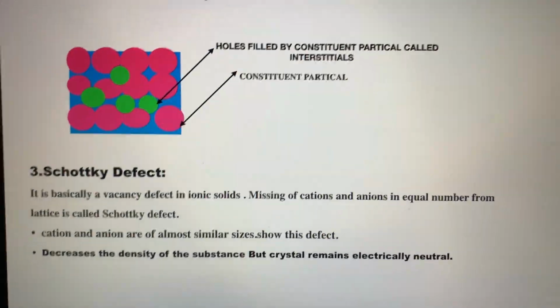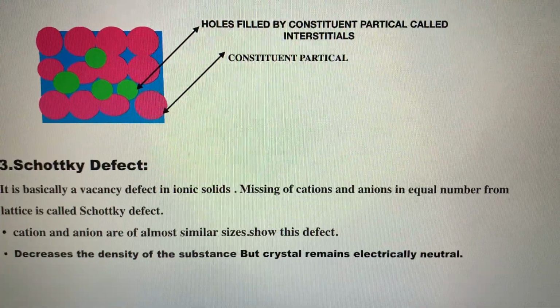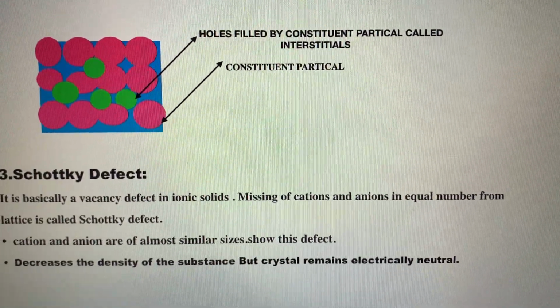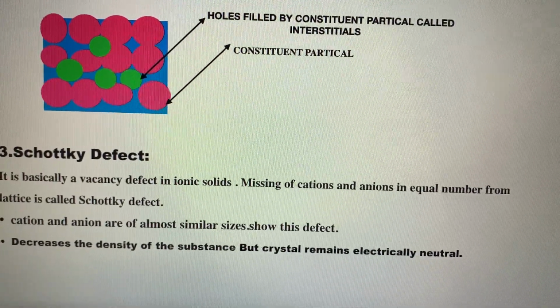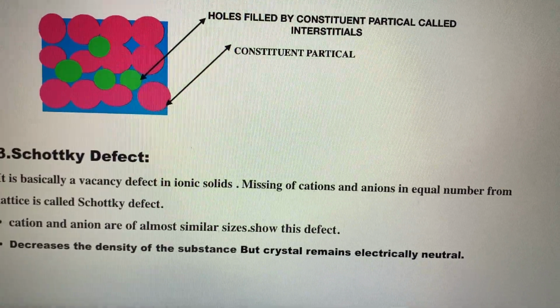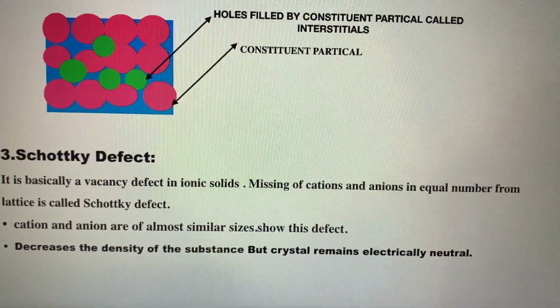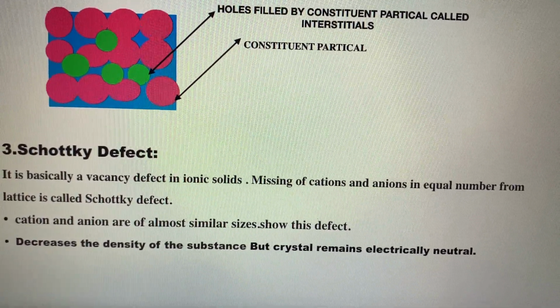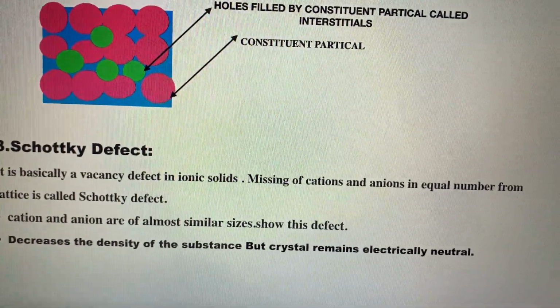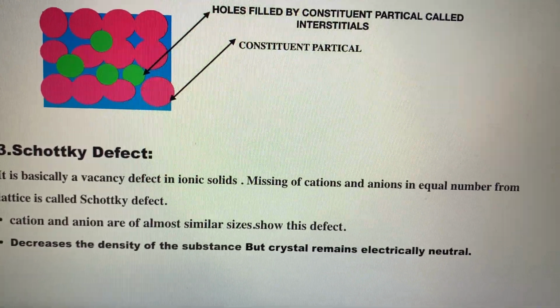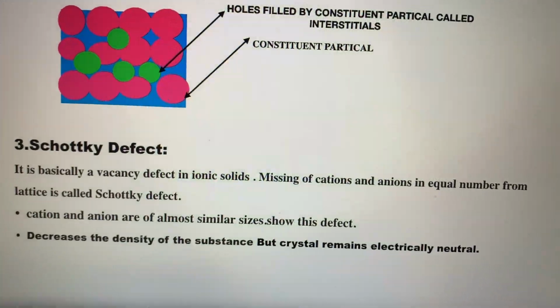Third is Schottky defect. Schottky defect is for ionic solids, and here vacancy is seen, either missing cations or missing anions in equal number. It should be in equal number because the rule is: even after defects, charges should not get disturbed. It means the crystal should always remain neutral.